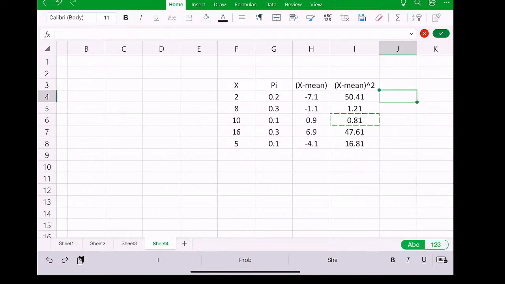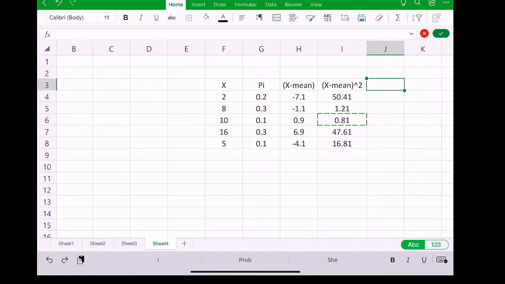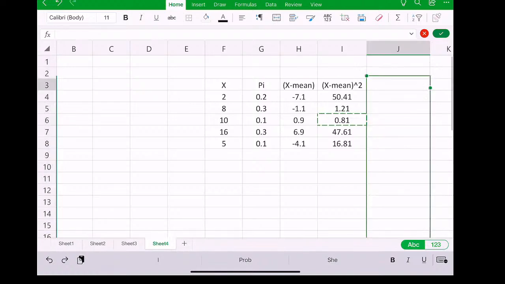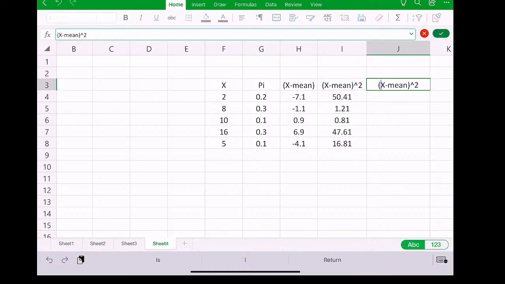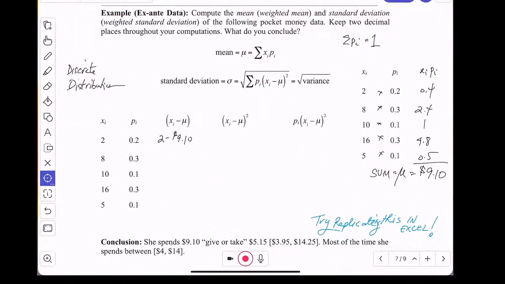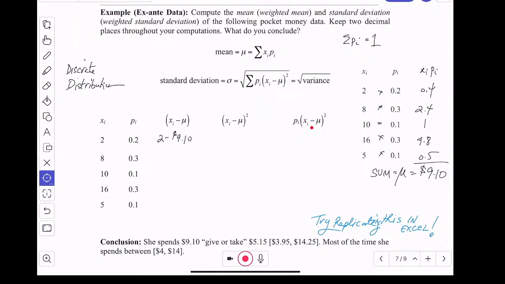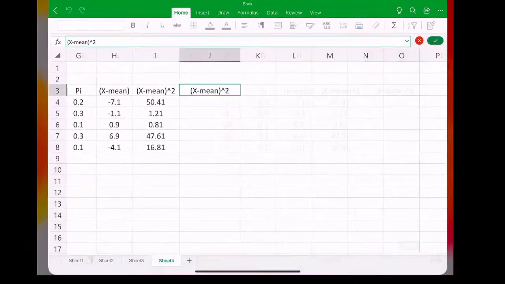And then what I have to do is pre-multiply by the weight times the squared deviation from the mean.